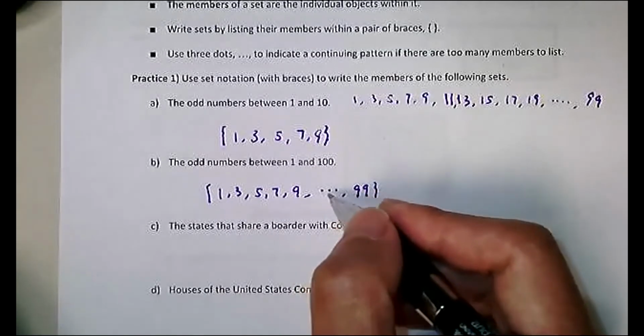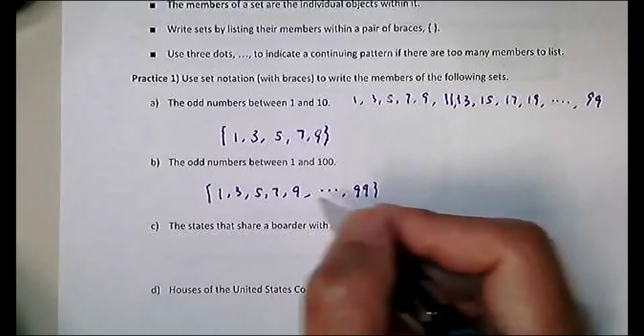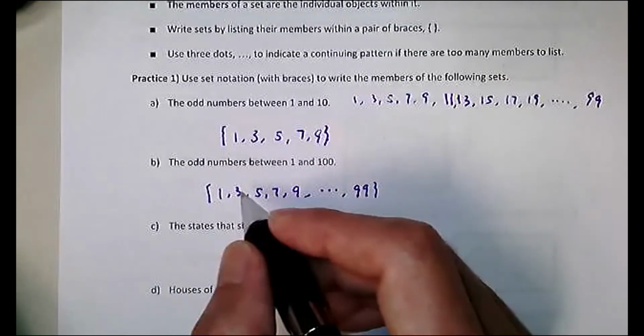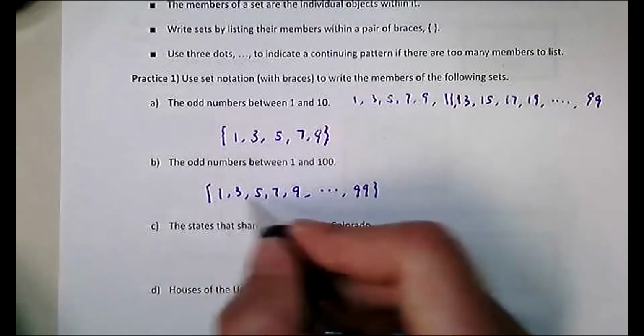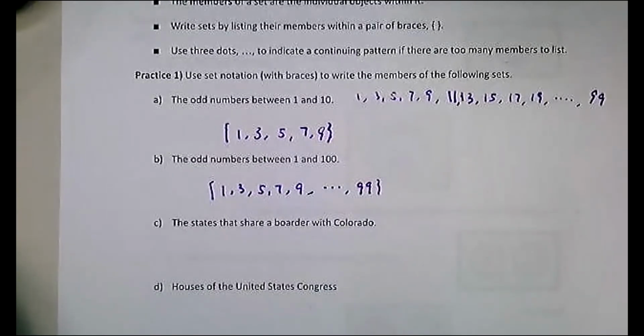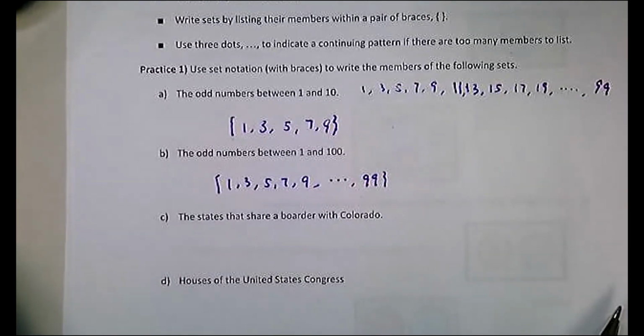We omit all the members between 9 and 99 so that we can write them in a small space. Any question? Okay, that's still something easy. That means we are still in high school or even elementary school.